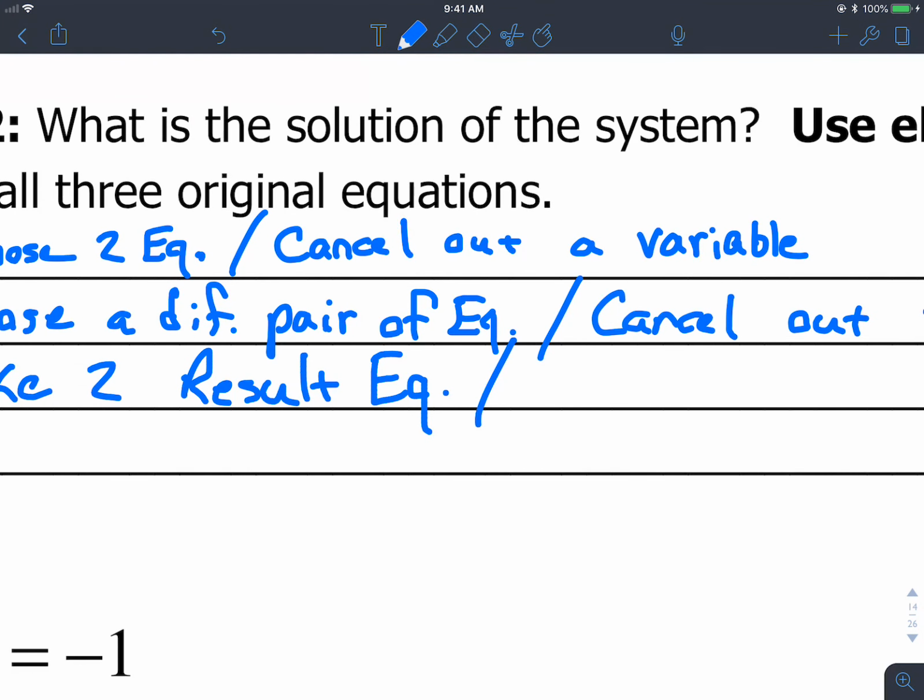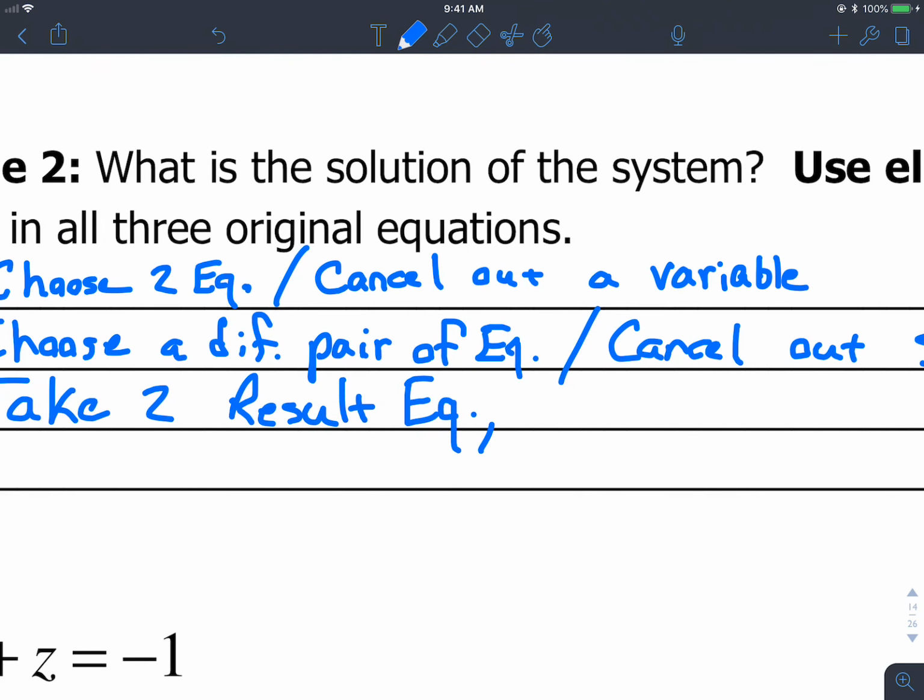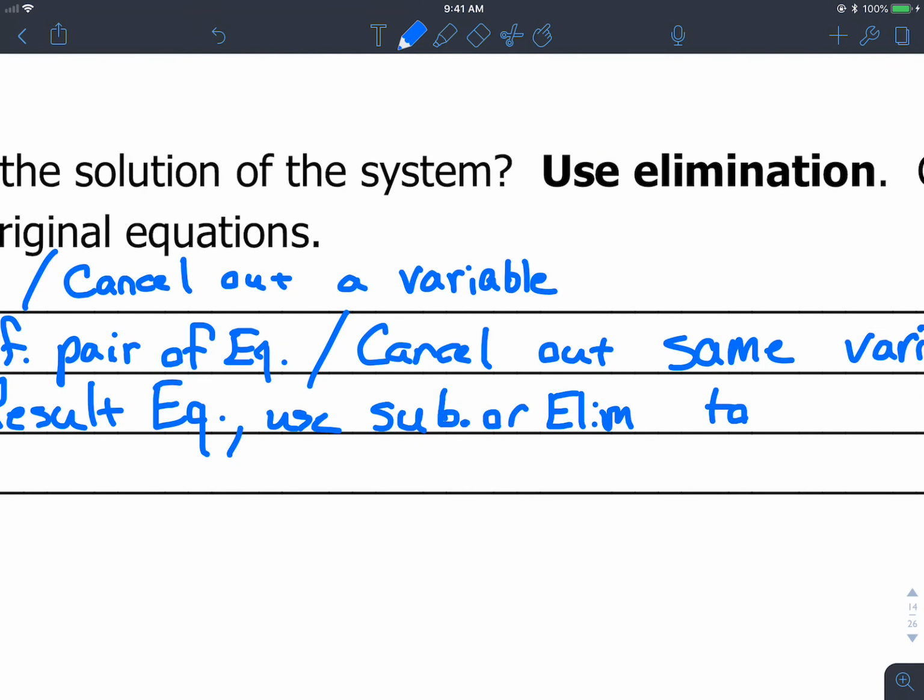Usually elimination is going to be the best. So take your 2 result equations, use substitution or elimination to solve.